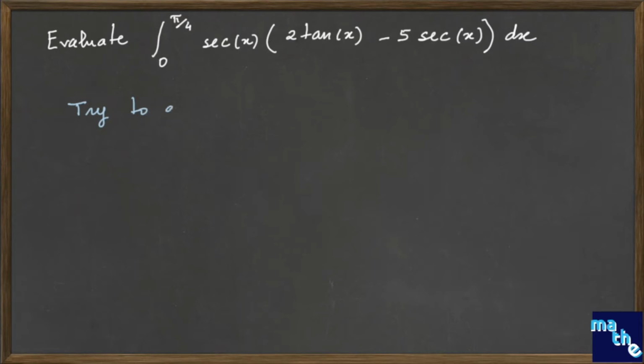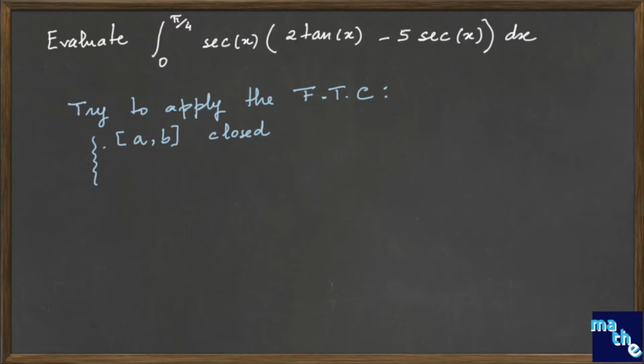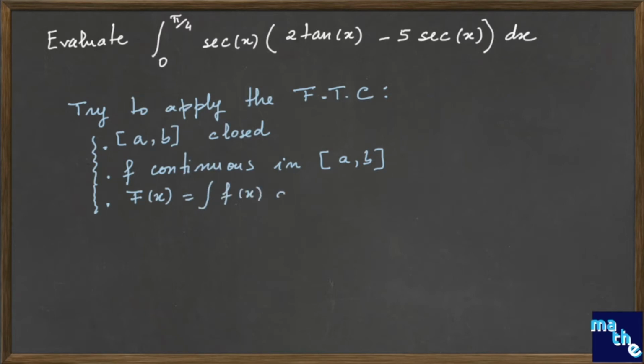To do this, as you know, we need to apply the fundamental theorem of calculus to find the value of a definite integral, meaning that we need to have a closed interval or a closed range and to have a continuous function inside this range.